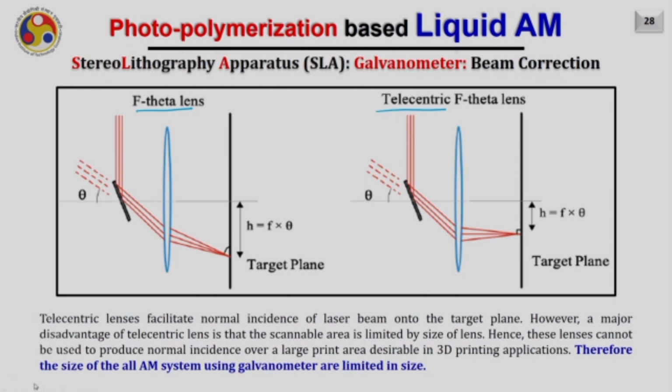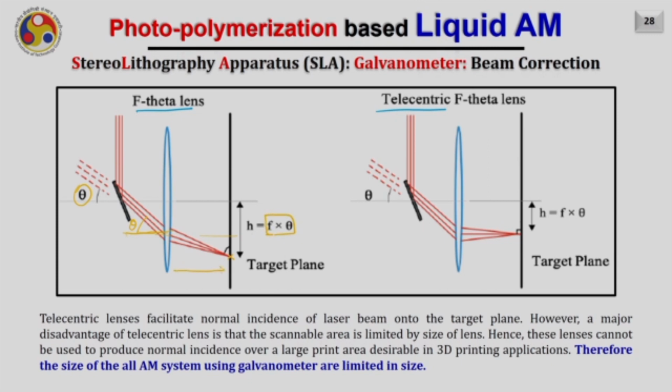In the f theta lens, we have seen that when the laser beam strikes at an angle theta, which is the angle between the surface normal and the laser beam, then the focal point will always be on this flat plate, and also the distance of the focal point will be equal to f into theta on the flat plate.